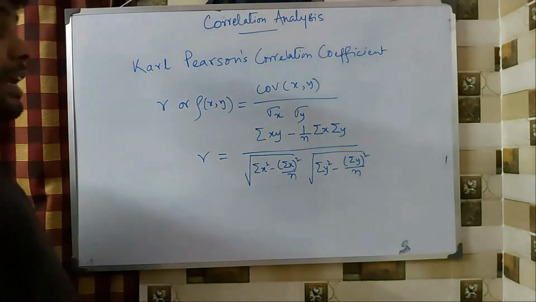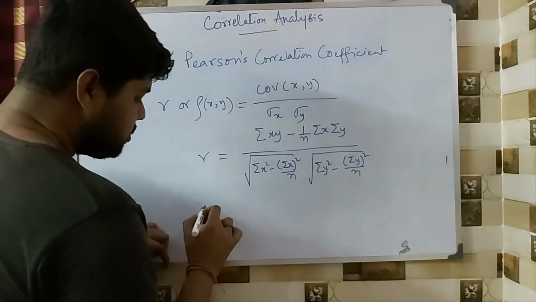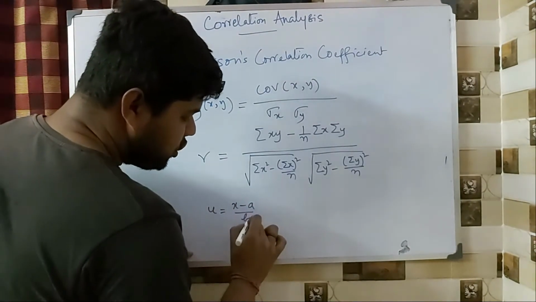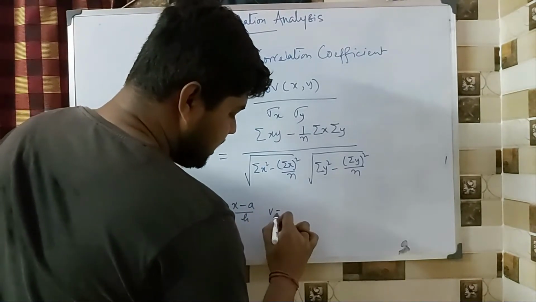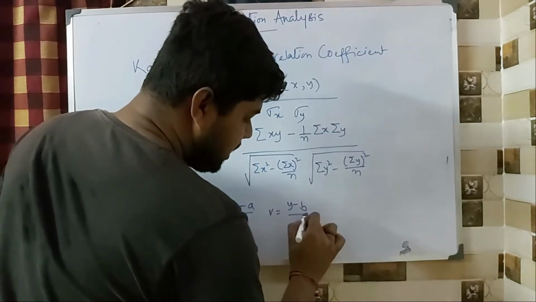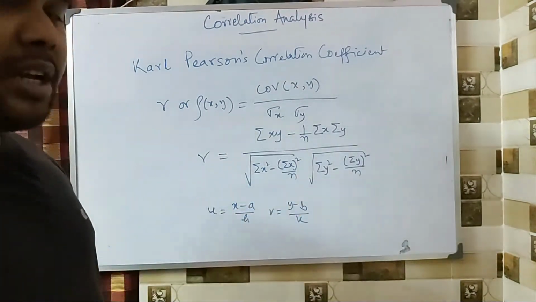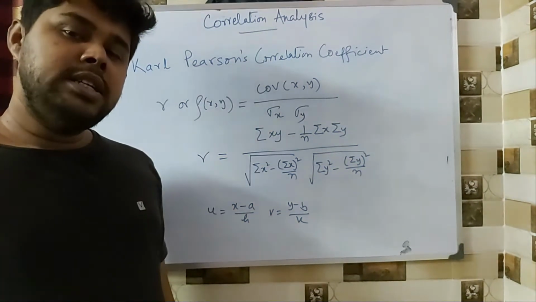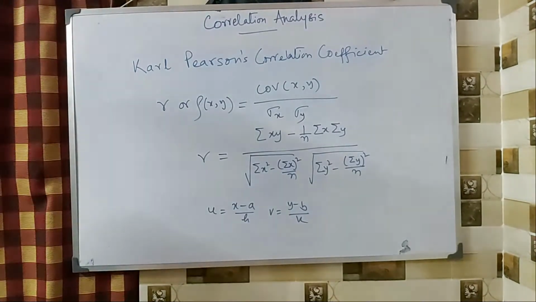Now if I do a scale change, what happens? If I have u equals x minus a by h, and v equals y minus b by k, where a and b are assumed means, h and k are scales.